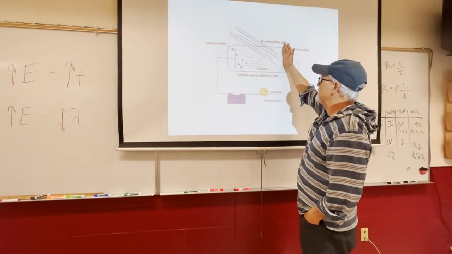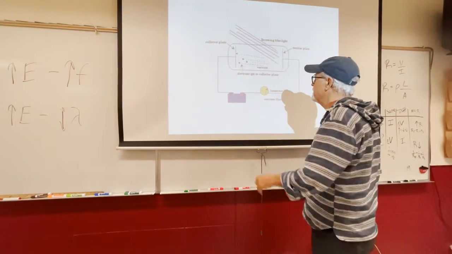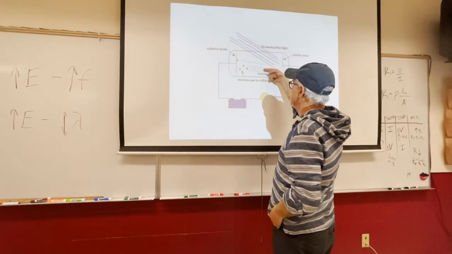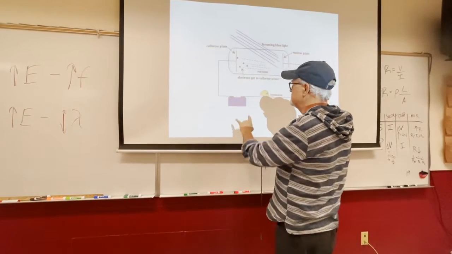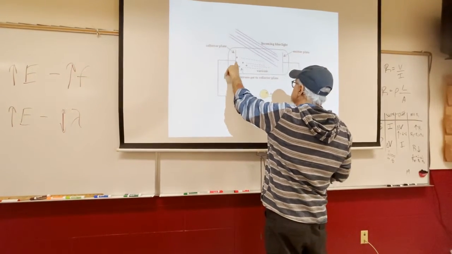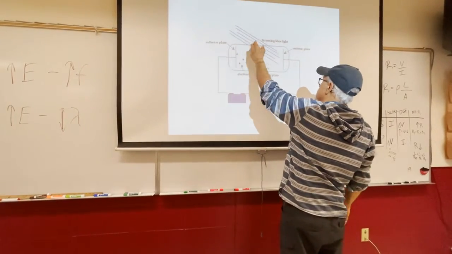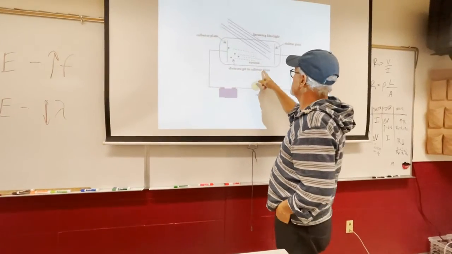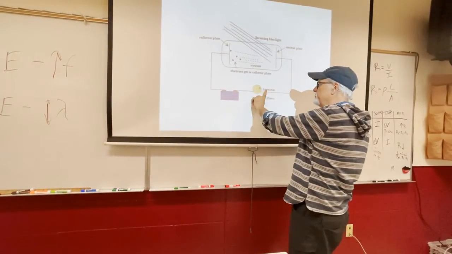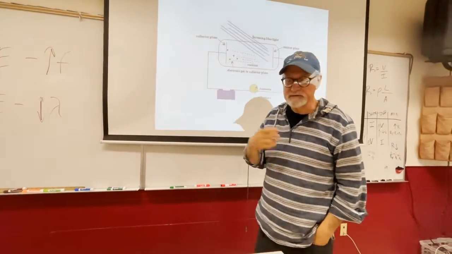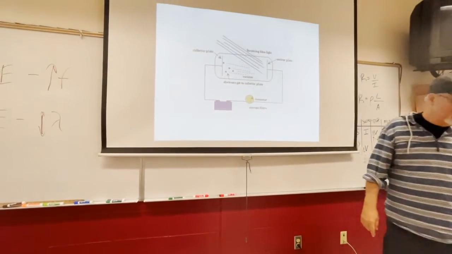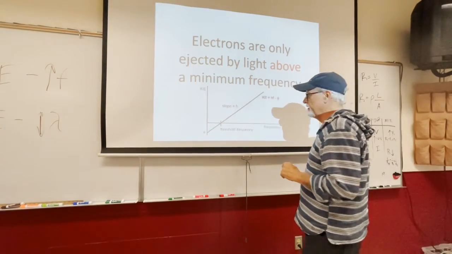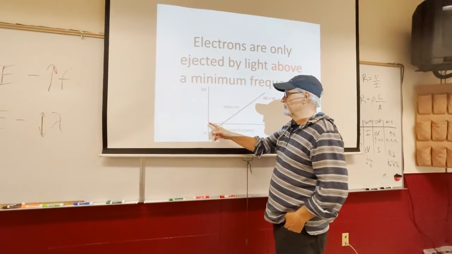You have a plate of polished metal in an evacuated tube where there's no air, so that if electrons come off, they don't whack into air, and you attach it to a battery where this is the positive side and that's the negative side. As they come off, they'll be emitted and go over here to the collector plate. You've got the emitter and the collector plate, and then you have an ammeter that basically counts how many electrons, the current.